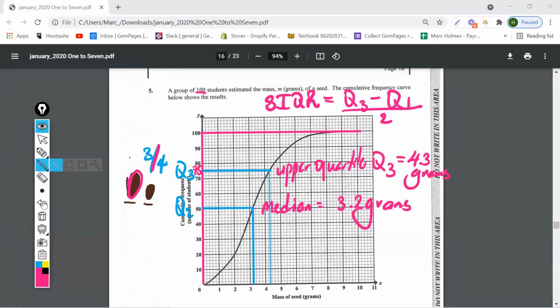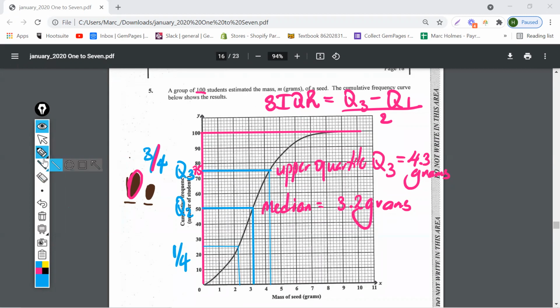The lower quartile is always a quarter of the amount, so we need to find the point where we have 25 students, because that's the quarter point. And if we look on the graph, it's at about 2.3.